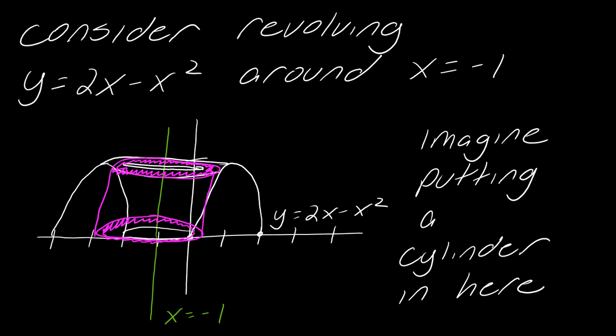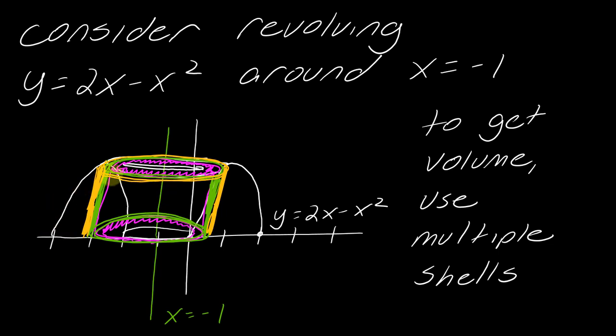So I can find the volume of this one shell. And if I can find the volume of this one shell, then I can start to put more and more shells inside of this. Imagine that you keep rolling more and more paper around each different paper.